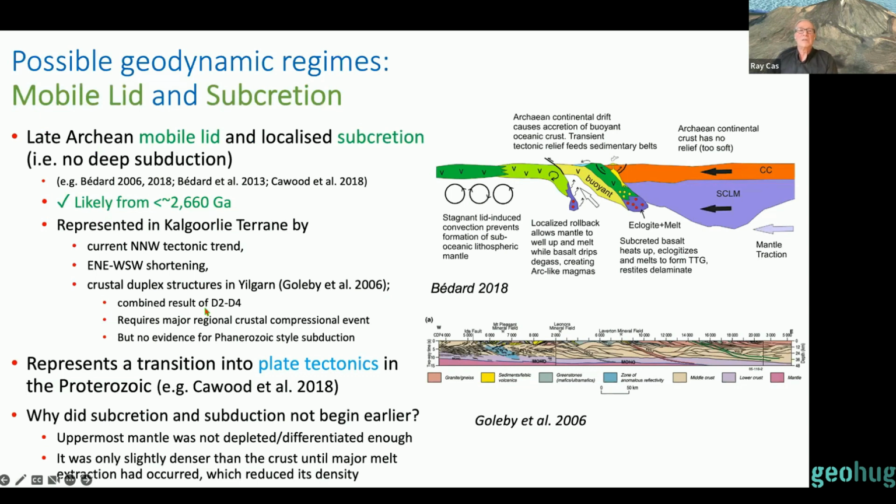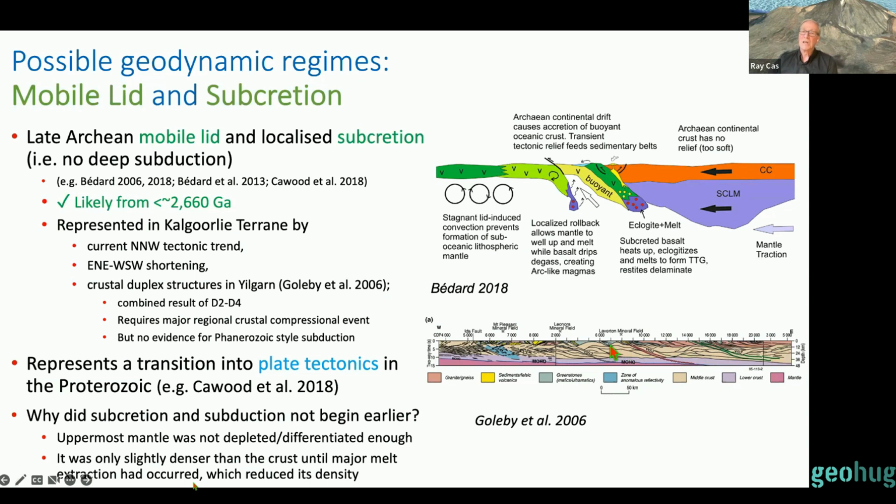So then in the late Archean, we know, of course, that the Yilgarn Craton is actually penetratively deformed. The seismic surveys, which were commenced in the 1990s and early 2000s, have provided a beautiful structural profile through the Yilgarn Craton, which shows the stacked and imbricated stratigraphic sequence and also large antiformal and synformal structures.